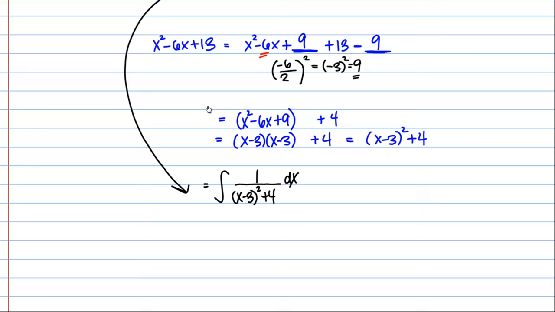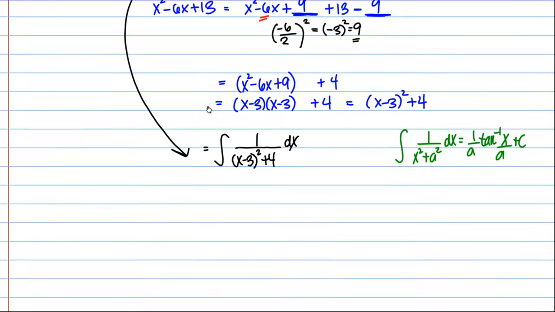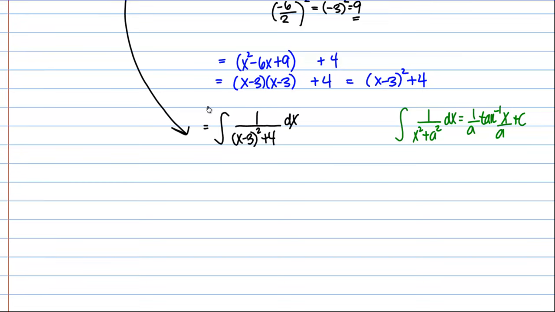To remind you of that one more time, the integral of 1 over x squared plus a squared dx is 1 over a inverse tangent of x over a plus c. And that's the form we have here. Right? We have something squared, a variable expression squared, plus a number squared.